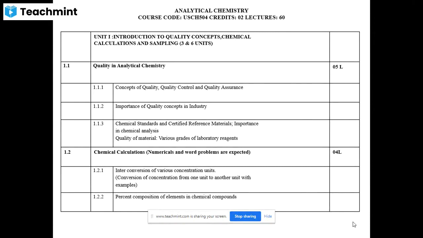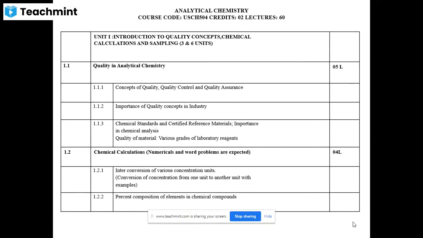First topic we will start is the quality concept, or say introduction to the quality concept, or you can call it quality in analytical chemistry. In that we have to especially focus on the concept of quality, quality control, and quality assurance. Then secondly, we will discuss how this quality concept is important in the industry.